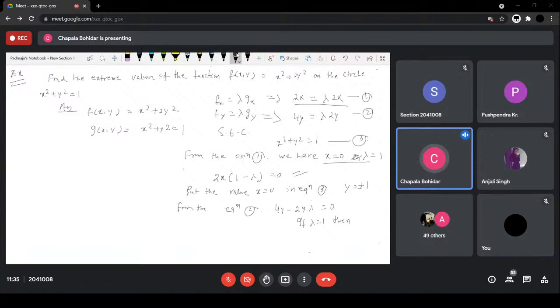Taking y common, we get y is equal to 0. The value of y is equal to 0.